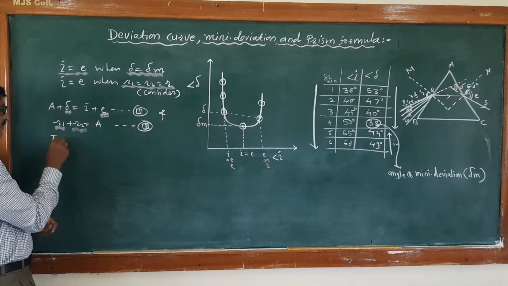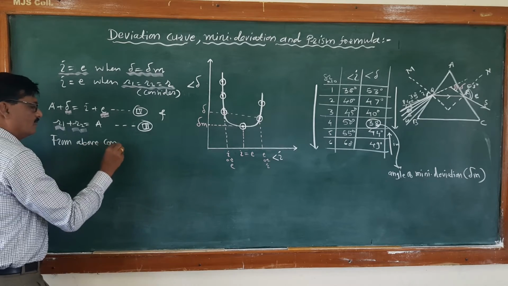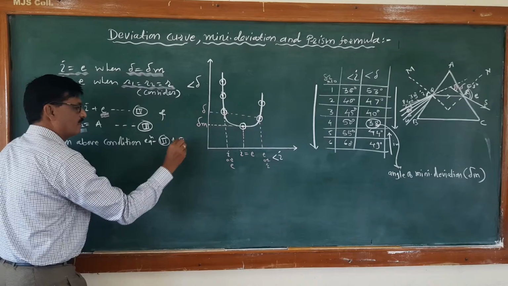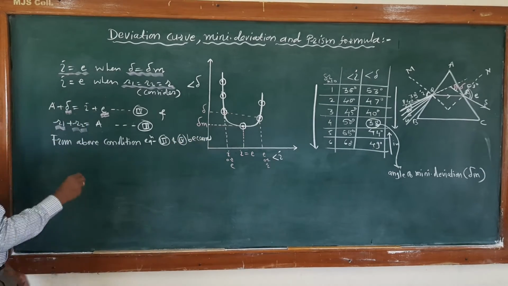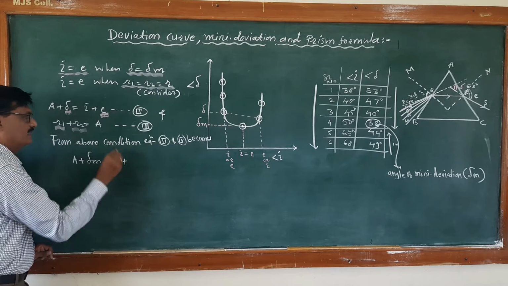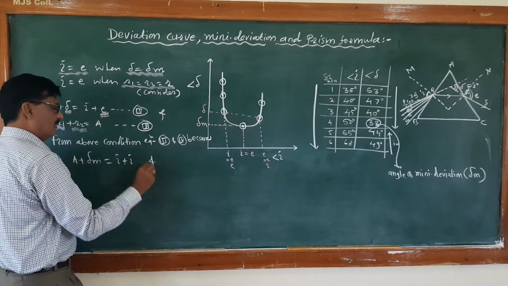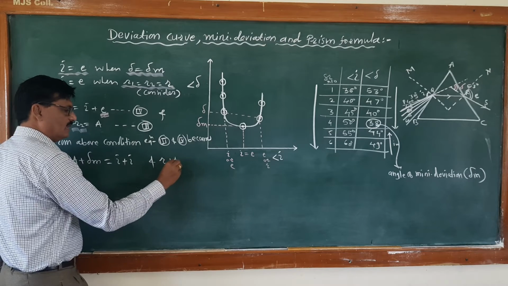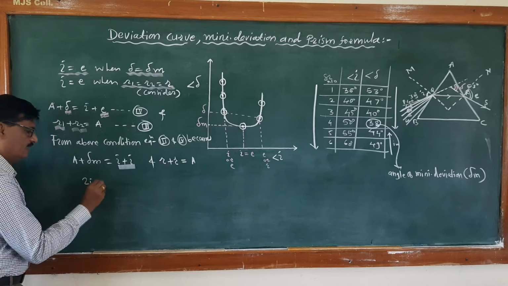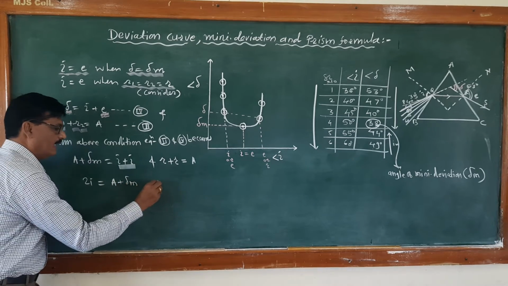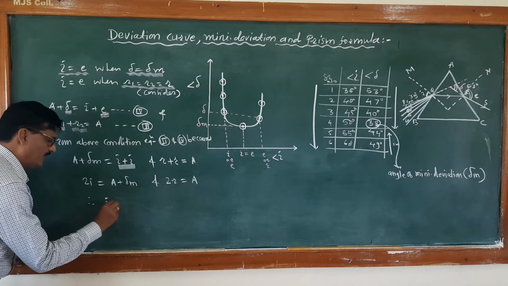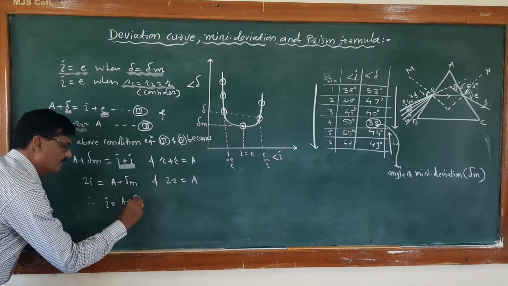This means that R plus R is equal to capital A. Therefore, from the above condition, equation 3 and equation 4 become A plus del, instead of del you can write del M, is equal to I plus, instead of E, we can write I. And R1 plus R2, R1 is equal to R and R2 is equal to R. This means that R plus R is equal to capital A. If you add these, that is 2I is equal to A plus del M, and 2R is equal to capital A. Therefore, the value of I is equal to A plus del M whole divided by 2.